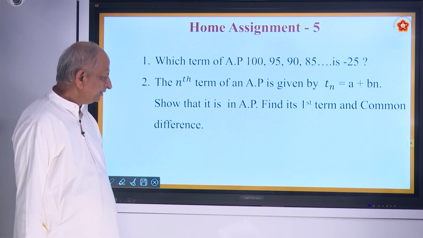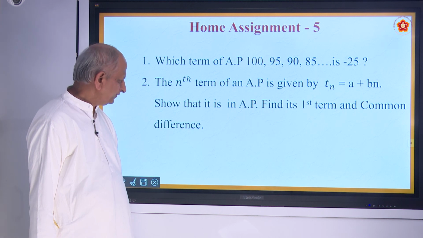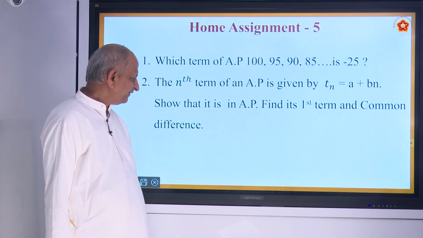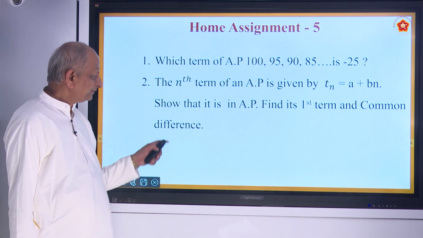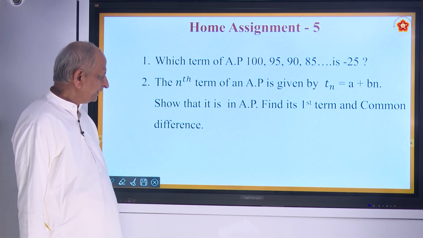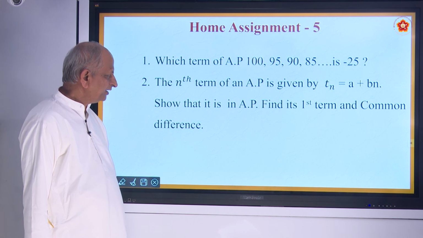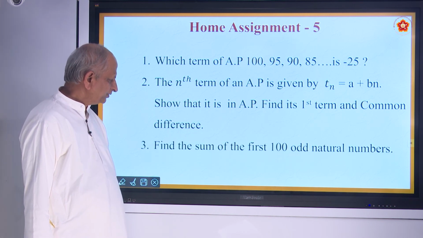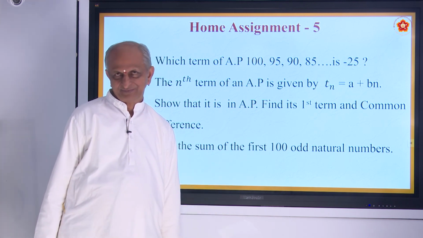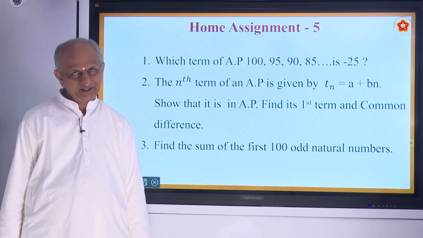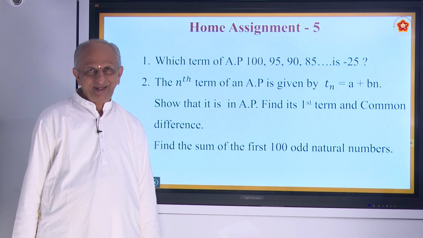Show that it is an AP, and find its first term and common difference. First term means A, you must find out. Common difference means D, you must find out. Okay, these are the home assignment. Third one, find the sum of the first 100 odd natural numbers. Okay, come prepared. Thank you.